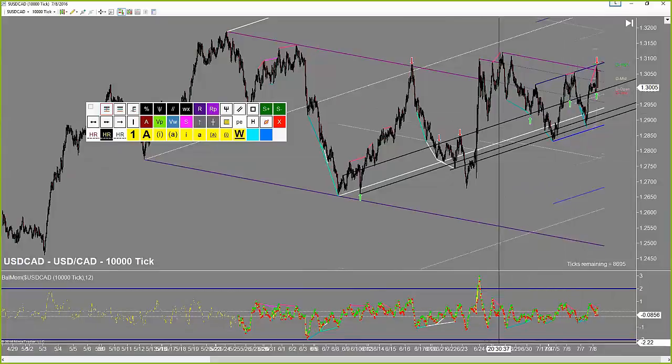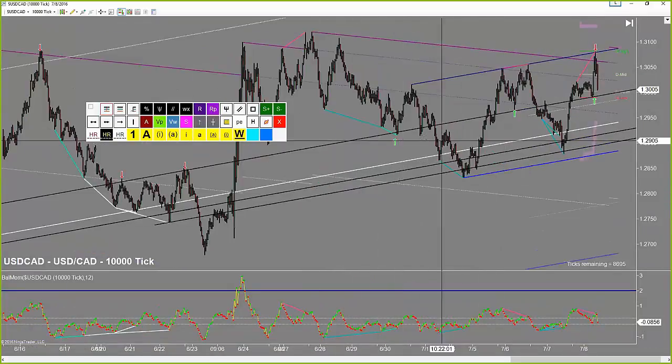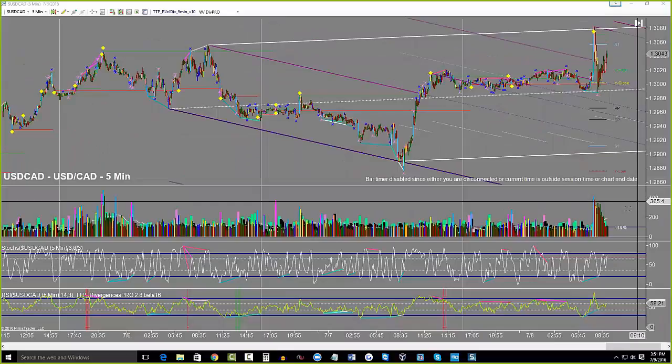Okay, so that's how the market geometry works. It's pretty incredible actually, and this will occur across all the time frames. And when you see the areas come together across multiple time frames, that's really giving you a pretty good high probability area for a reversal, and that's really what this is all about.